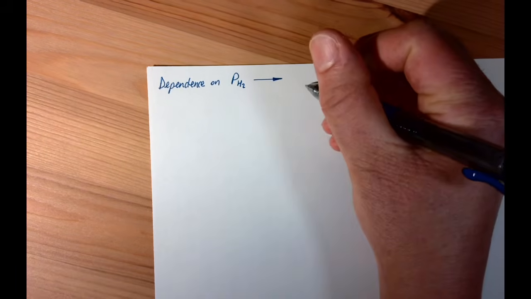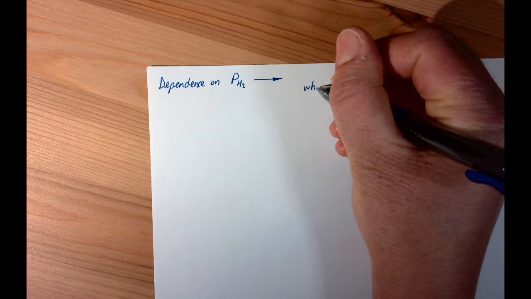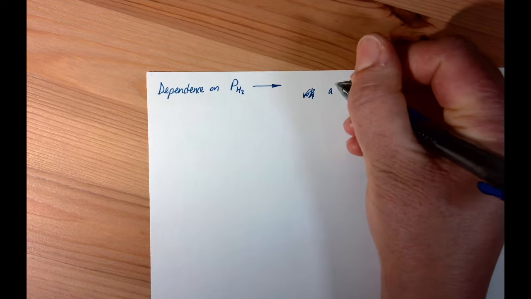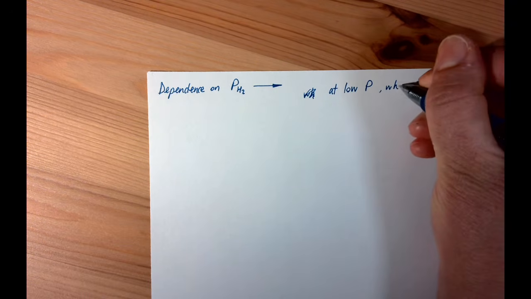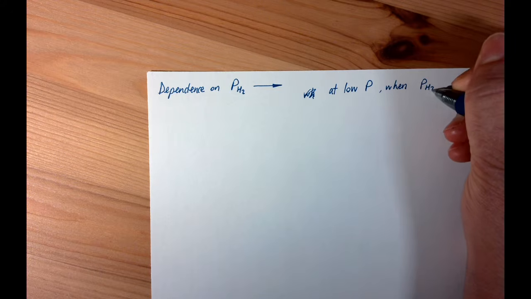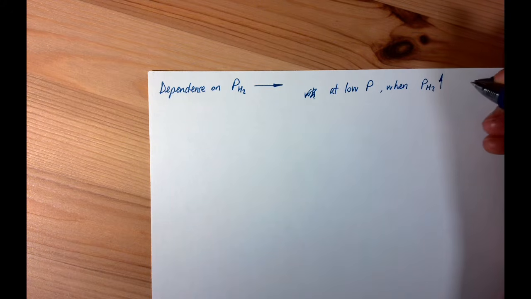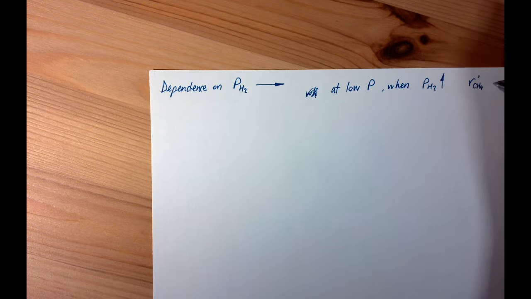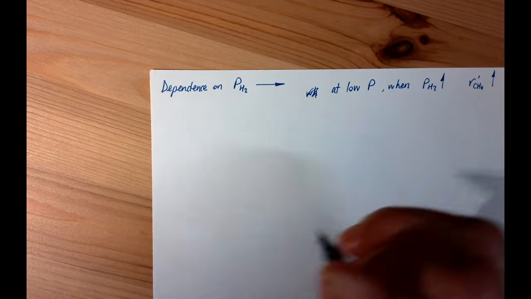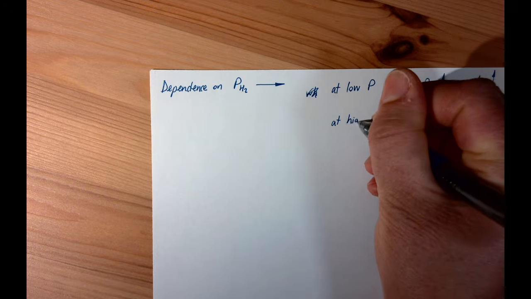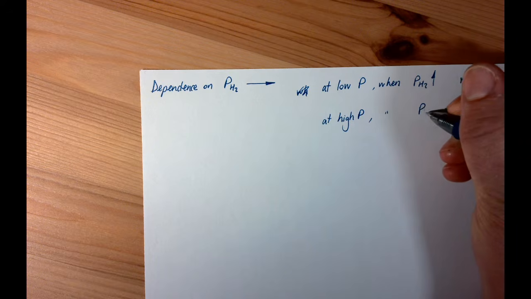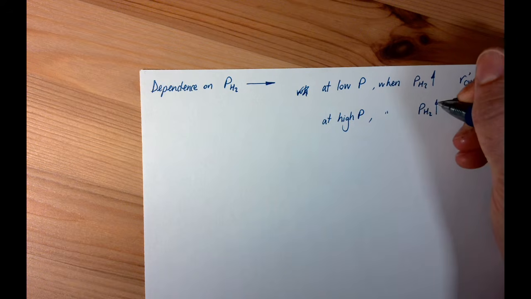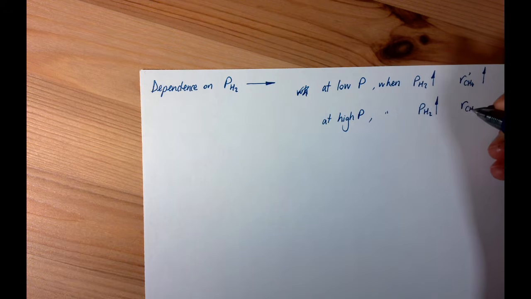So, let's do it this way. At low pressure, when the partial pressure of hydrogen goes up, RCH4 prime goes up. But at high pressure, when the partial pressure of hydrogen goes up, the rate of formation of methane goes down.